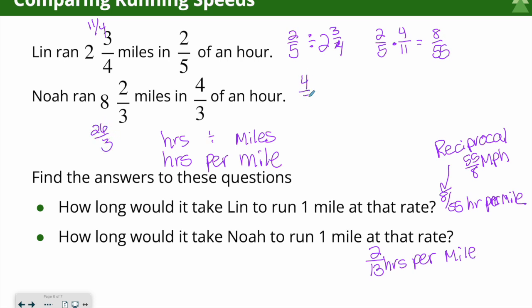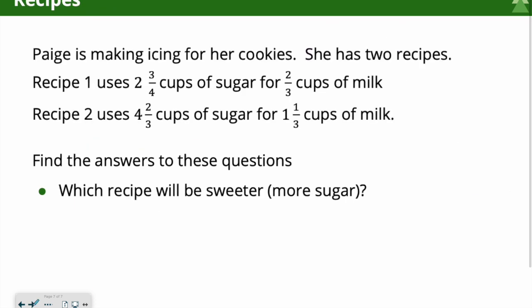If we do 4/3 divided by 26/3, we have 4/3 times 3/26, which is 12/78, or 2/13. So we can use unit rates to compare.